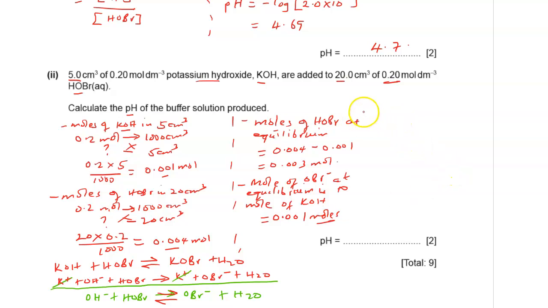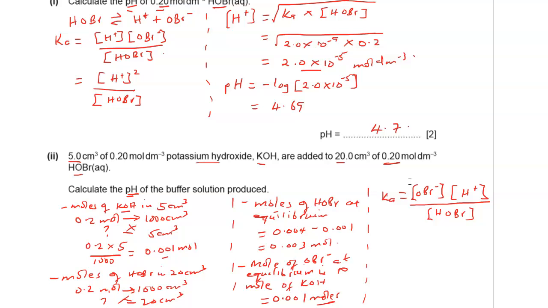Okay, so to get the Ka, the acid dissociation constant, we know that Ka is equal to the concentration of this ion times the concentration of hydrogen ion right there, which will be from the acid itself when it undergoes dissociation, and the concentration of bromic acid there, which is calculated up here.